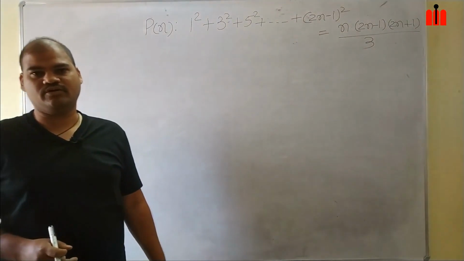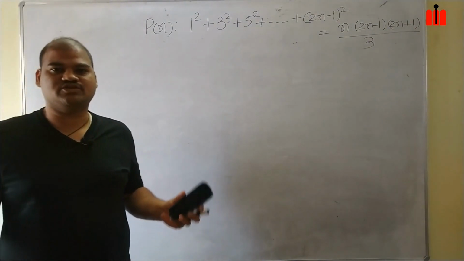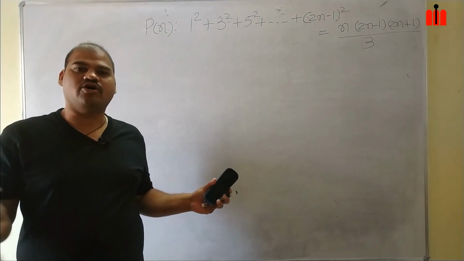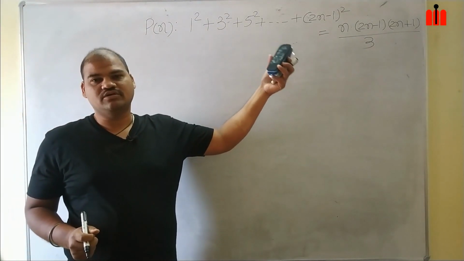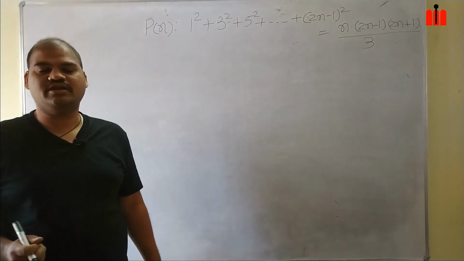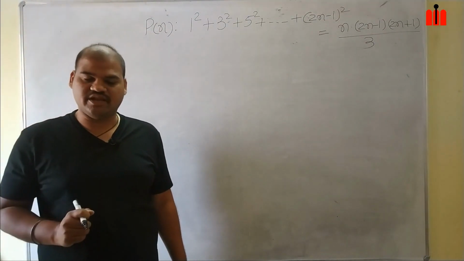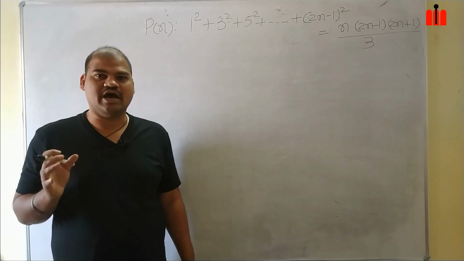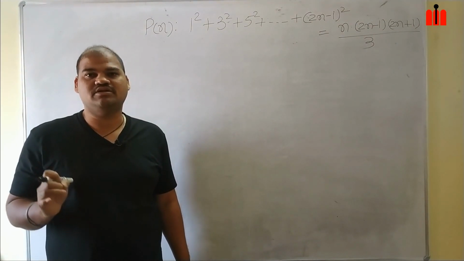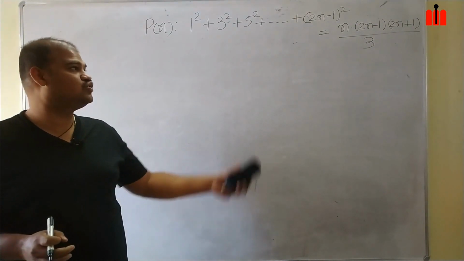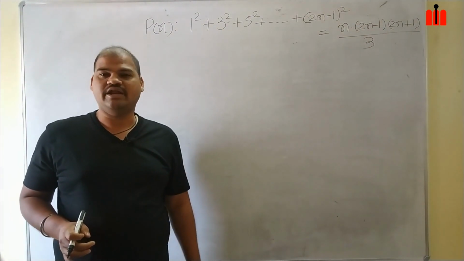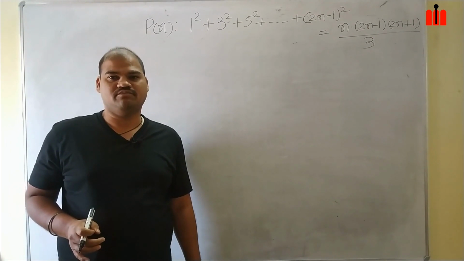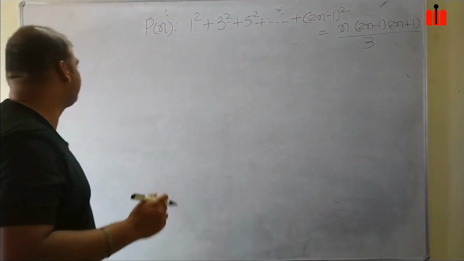So LHS is the sum of all those numbers. It's equal to n(2n minus 1)(2n plus 1) by 3, which is the RHS. We have to show that the sum of this entire series is equal to n(2n minus 1)(2n plus 1) by 3. Now let's get started.